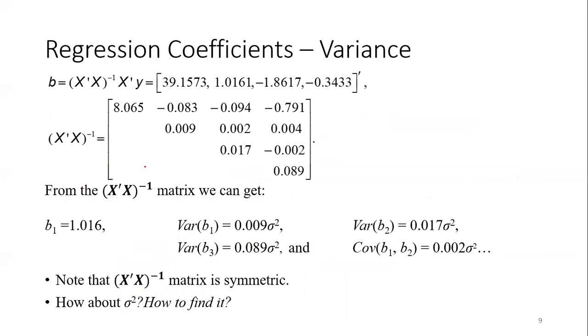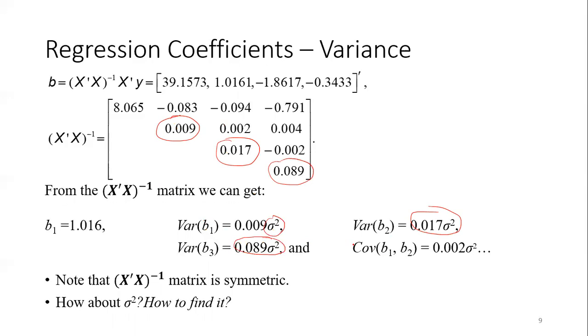In our example, X transpose X inverse is equal to this one. So what does this mean? Variance of B1 is equal to 0.009 times sigma square. The other one is 0.017 times sigma square, and variance of B3 is 0.089 times sigma square.